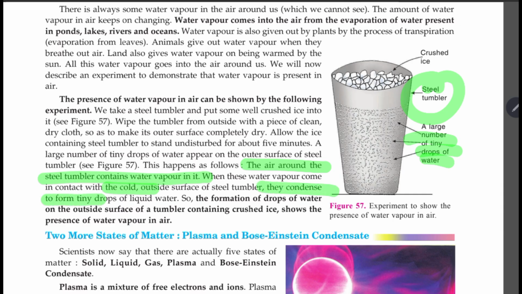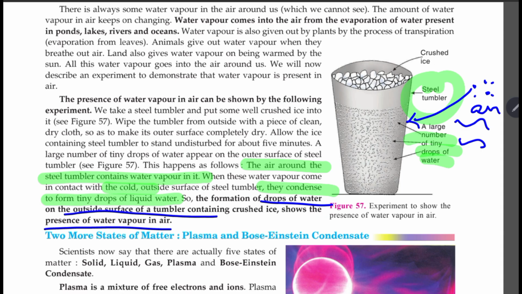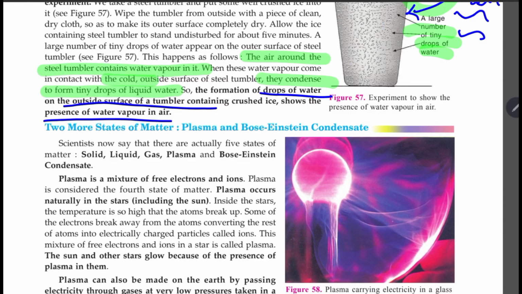They condense to form tiny drops of water. So the air outside contains water vapor. This water vapor, when it comes in contact with the cold surface, just changes state, and so this cooling effect gives you these drops of water on the outside surface of the tumbler, and thus it proves that water vapor is present in air.